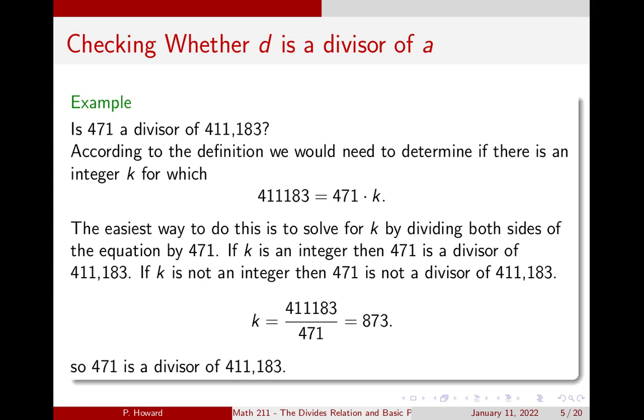So doing the calculations, k would be 411,183 divided by 471, which I did on my calculator and got 873. Which is an integer, so 471 is a divisor of 411,183.